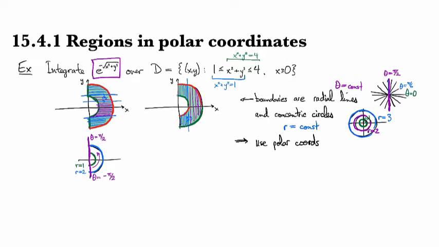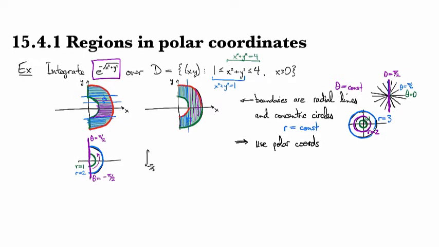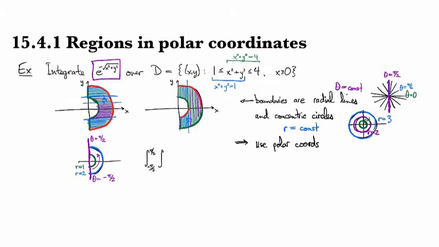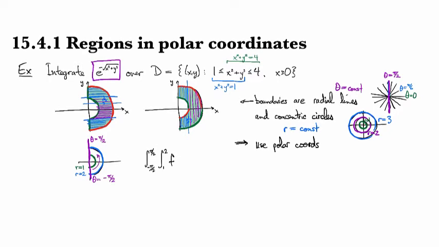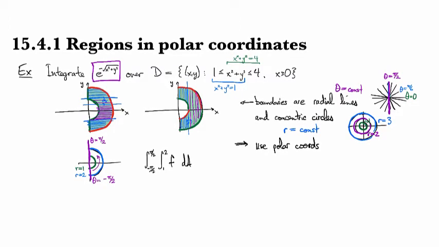Okay, so I can actually set up this region as the integral from minus pi over 2 to pi over 2 and 1 to 2 of my function dA. And there's a couple things to notice about this.